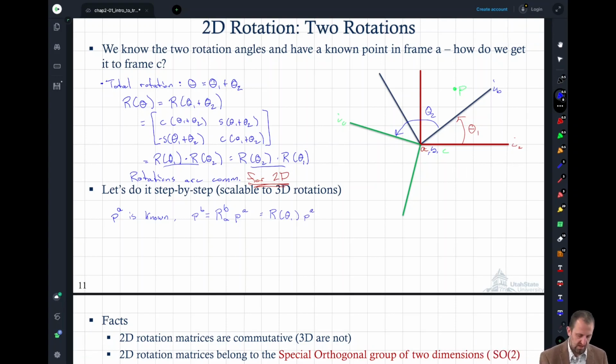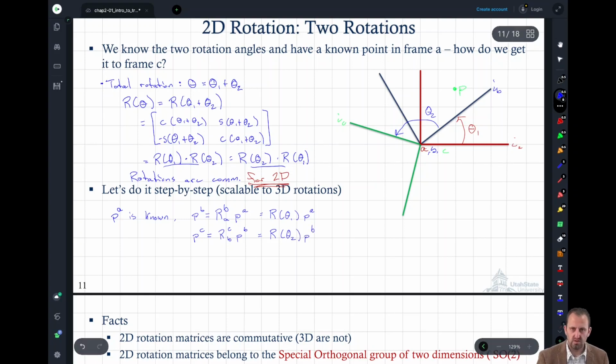Okay, and then we also have that the same point P in frame C is equal to R_BC times P_B, which is just equal to R(theta 2) times P_B. So nothing too crazy there. We do one rotation at a time.